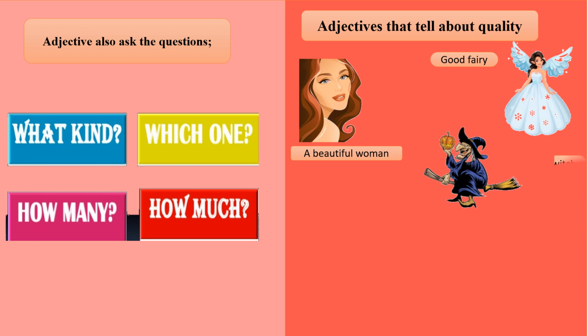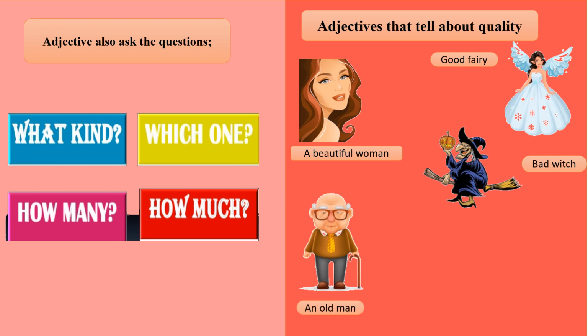Yes, a witch. Bad witch. What kind of a person? A bad witch. So the word bad describes the witch. An old man.